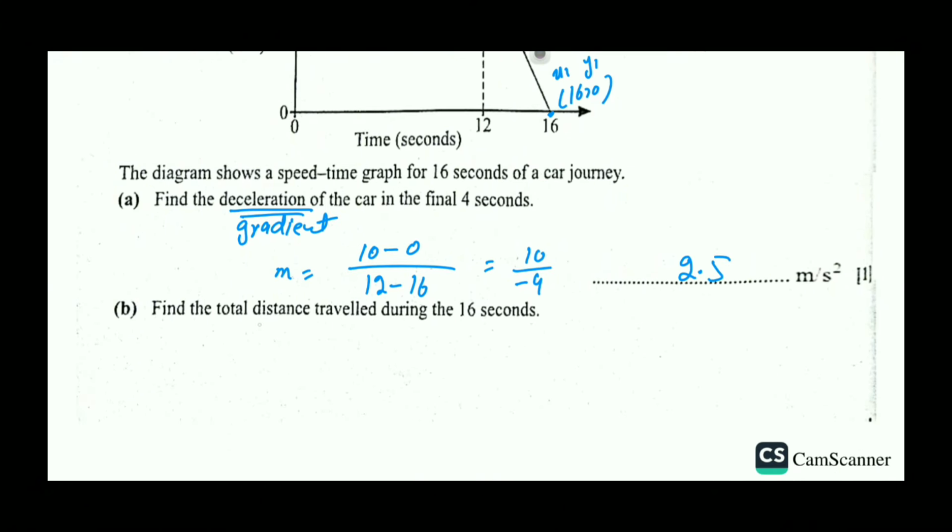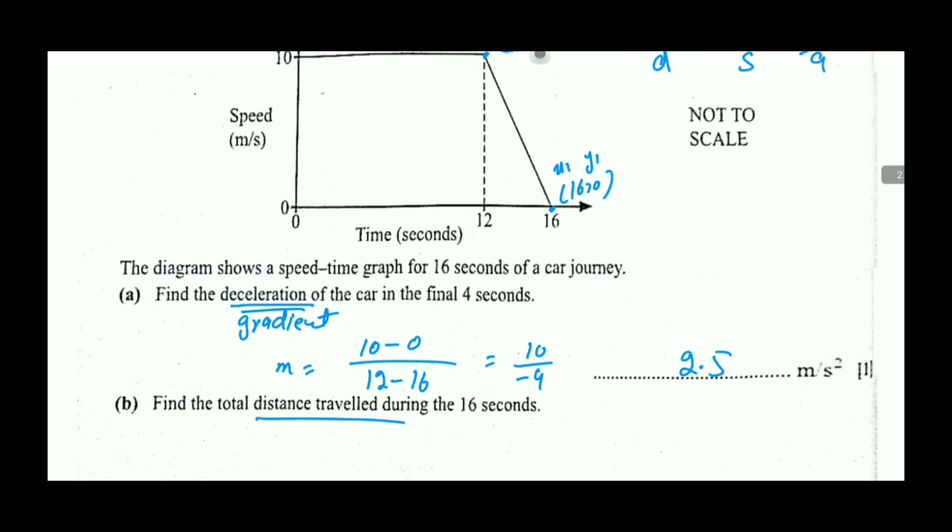Find the total distance traveled during 16 seconds. Again, this is a trapezium. You can see this is the shape of a trapezium. Two will be parallel sides, and one side will be like a slope and its opposite side will be the height.